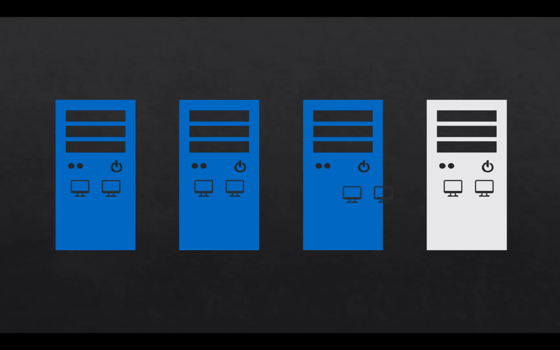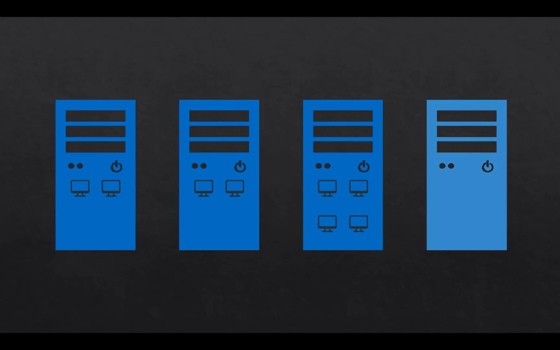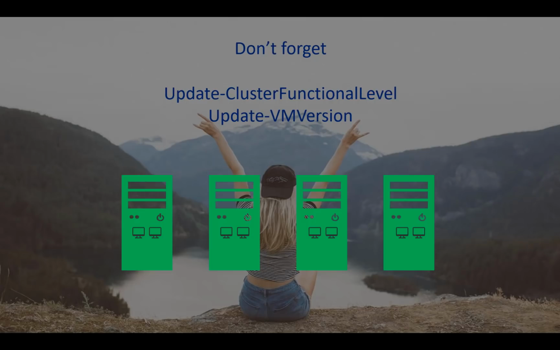Move to the 4th node, move everything off, and upgrade it. All live migrations, all no downtime. Don't forget, upgrade the cluster functional level and upgrade the VM versions so that you can take advantage of the new features.